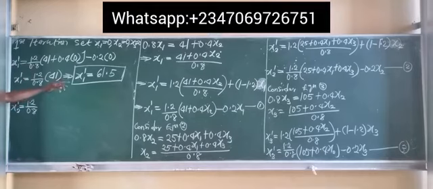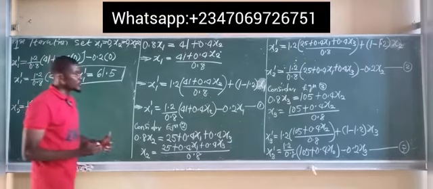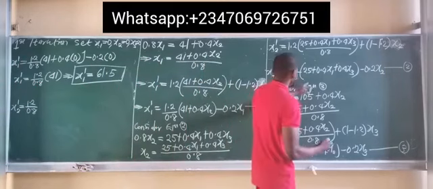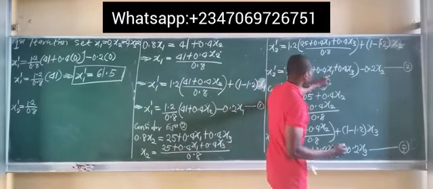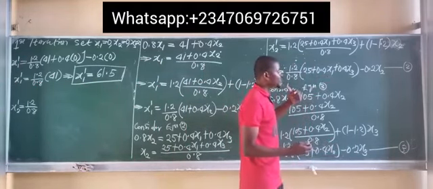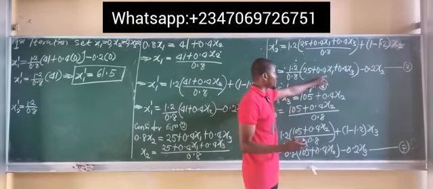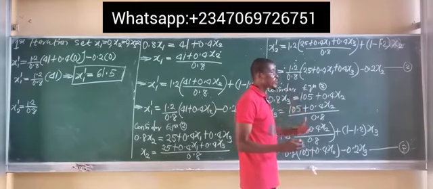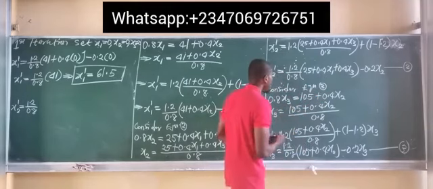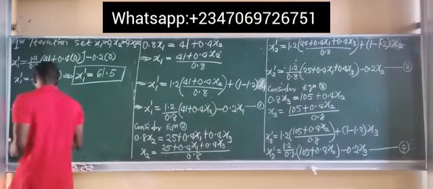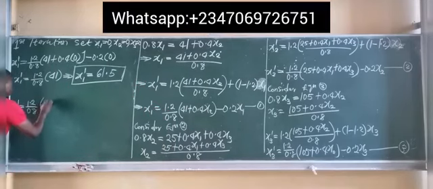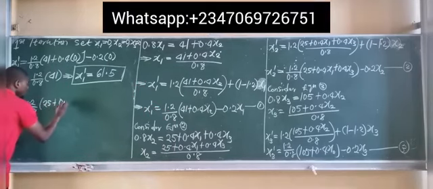Now, the value of x1 now becomes, okay, let me put down the equation. We have here 25 plus 0.4 x1. This x1 becomes the previous value of iteration for x1. We've gotten it. Okay, this becomes previous value of iteration for x1. We have now to be 25 plus 0.4.